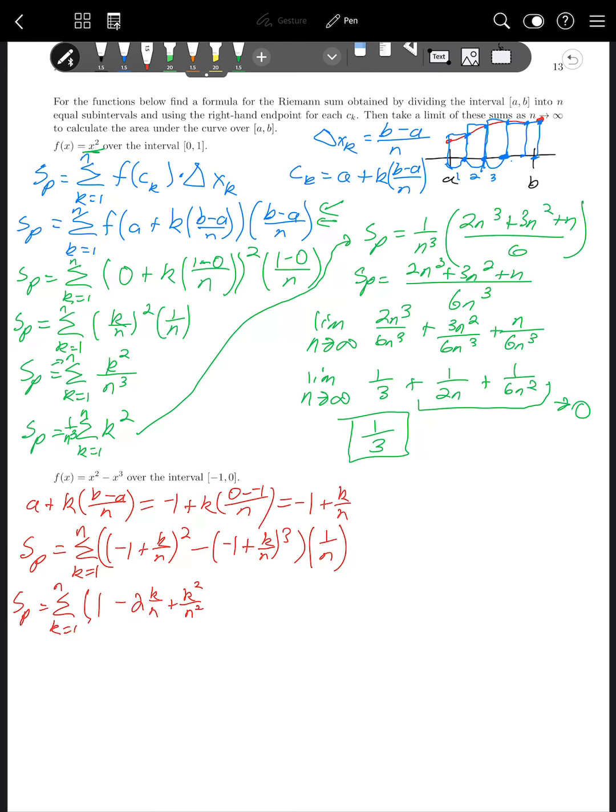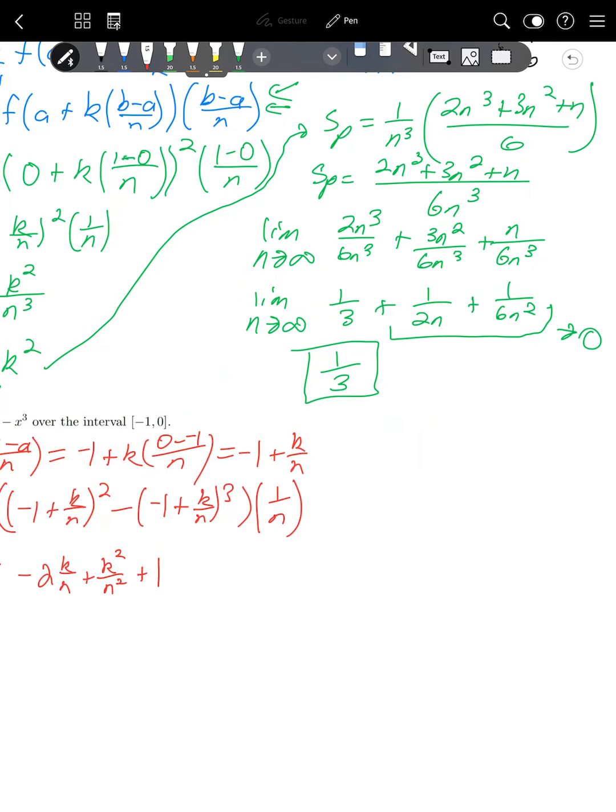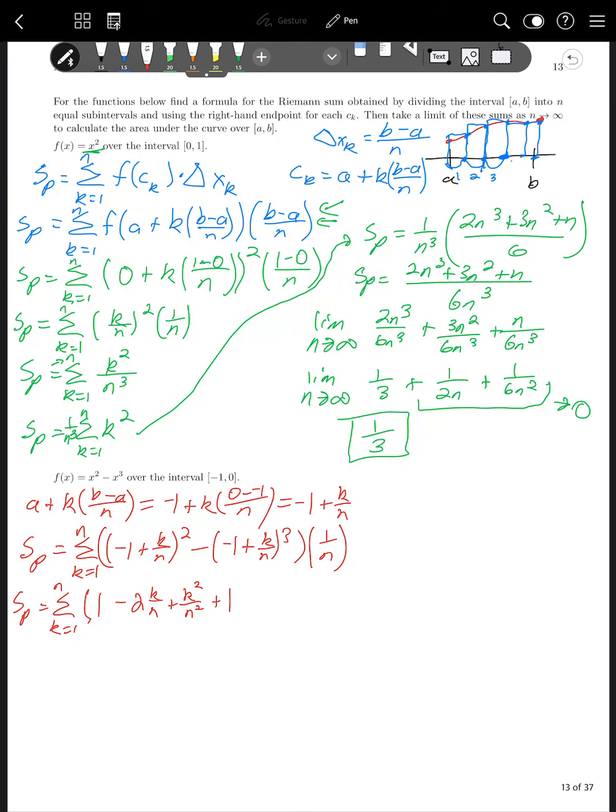And then the opposite of (-1 plus k over n) cubed is 1 minus 3k over n plus 3k squared over n squared minus k cubed over n cubed, all times 1 over n.